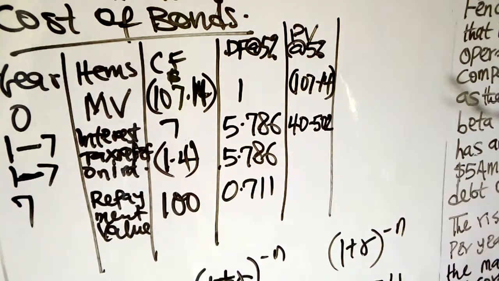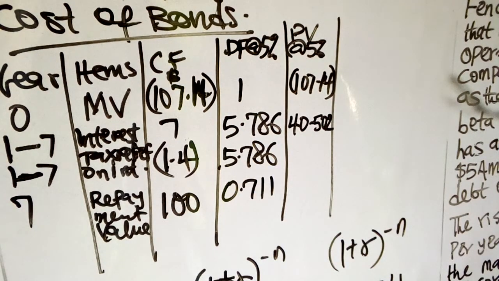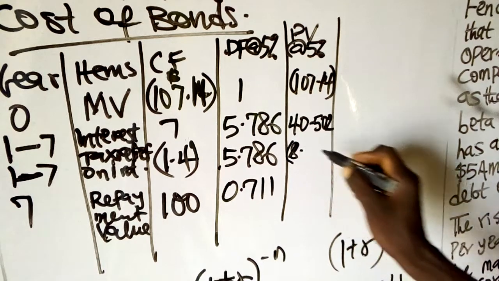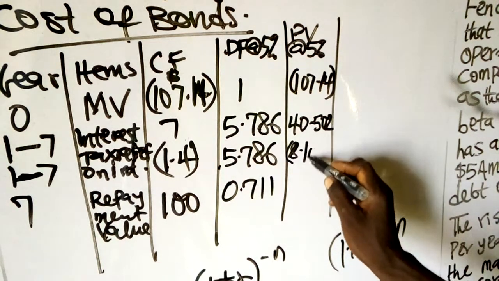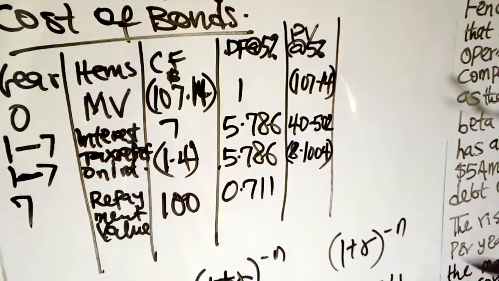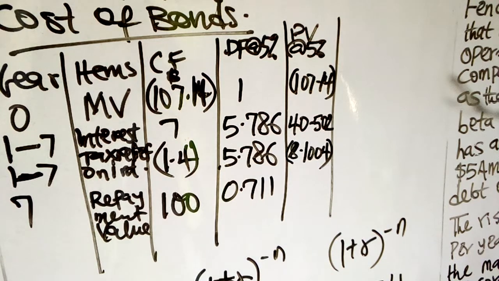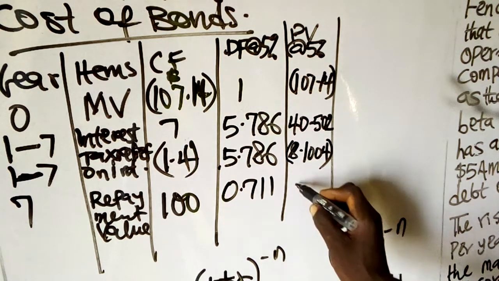Then 1.4 times 5.786 gives negative 8.1004. Then 100 times 0.711, we have 71.1.